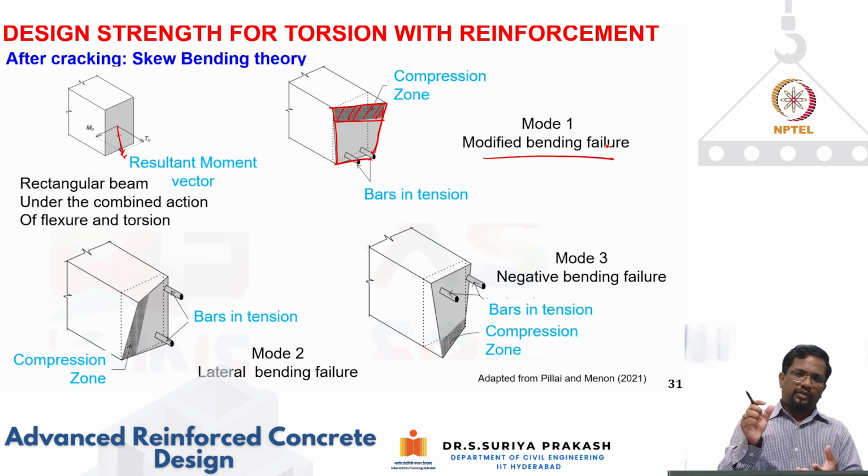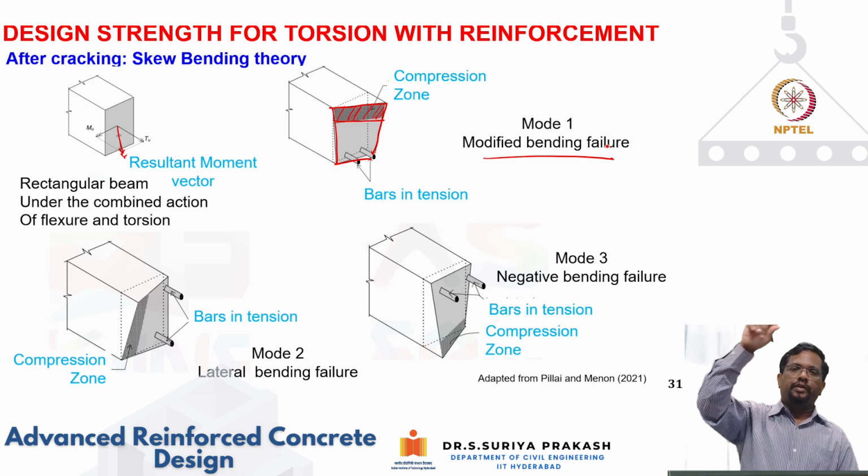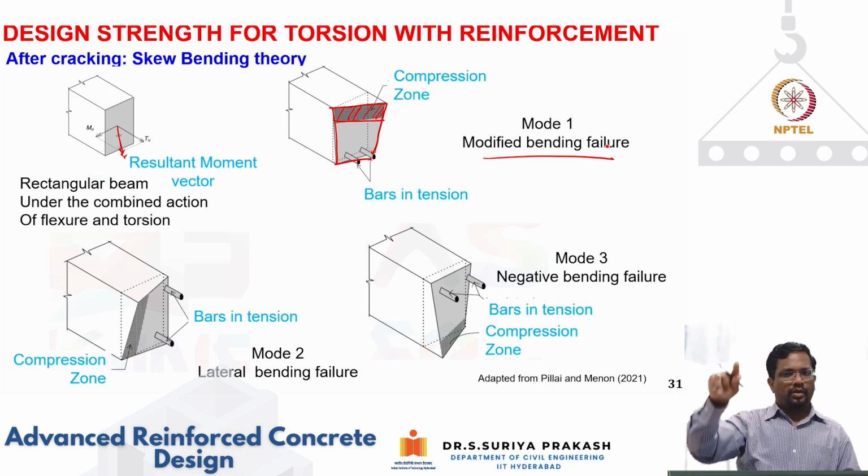My tension due to torsion will be very high around the periphery of the member. However, tension due to bending will be only on one side. Now I can have a situation where tension from torsion can nullify the compression that is coming from bending, and it can also create tension at the top as well.